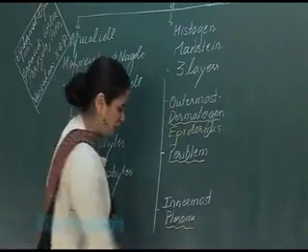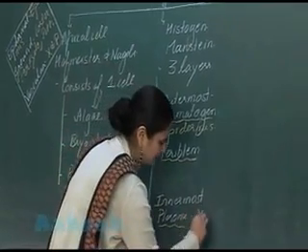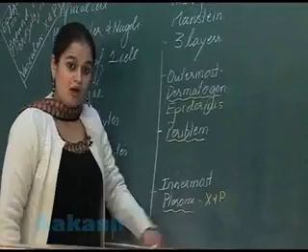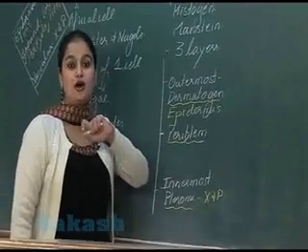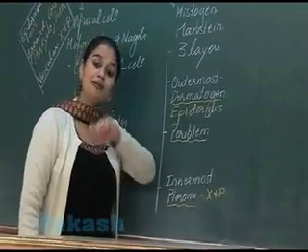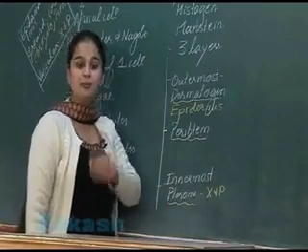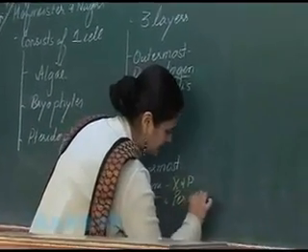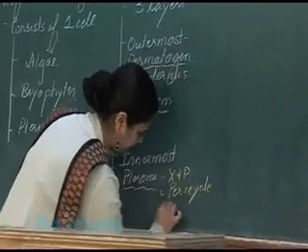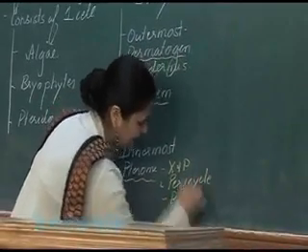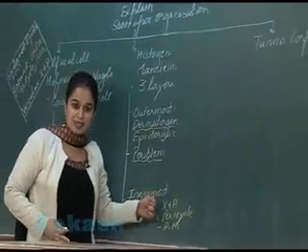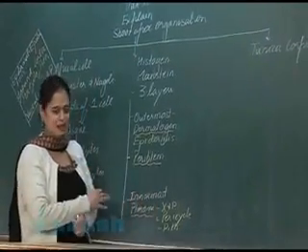Plerome is going to form xylem, phloem, vascular tissue. On the outer side, it will form pericycle. On the inner side, it will be forming pith. Xylem, phloem, outer side pericycle, inner side pith.